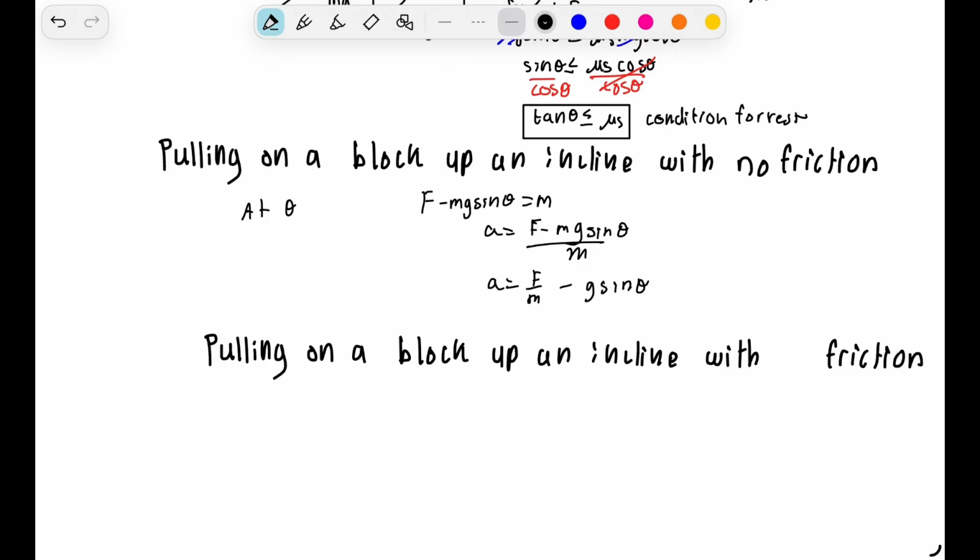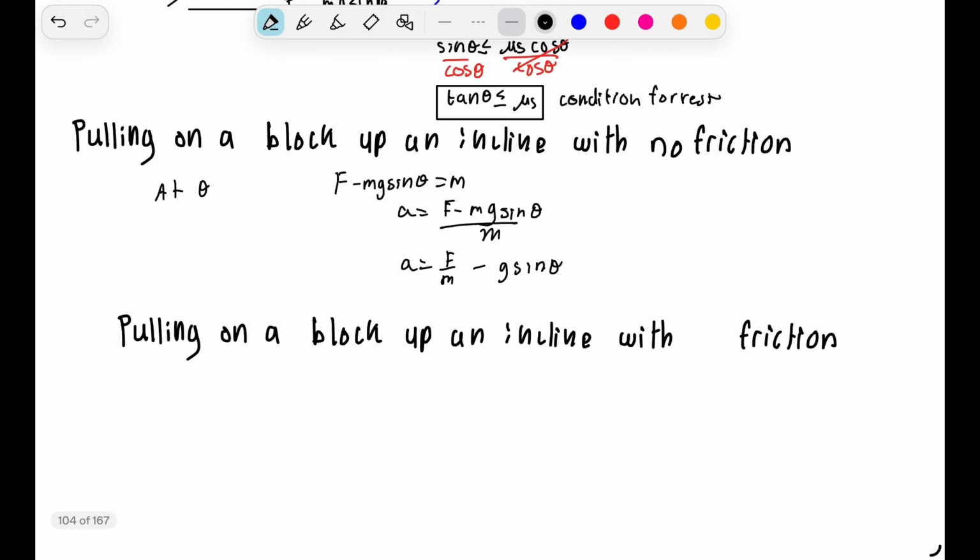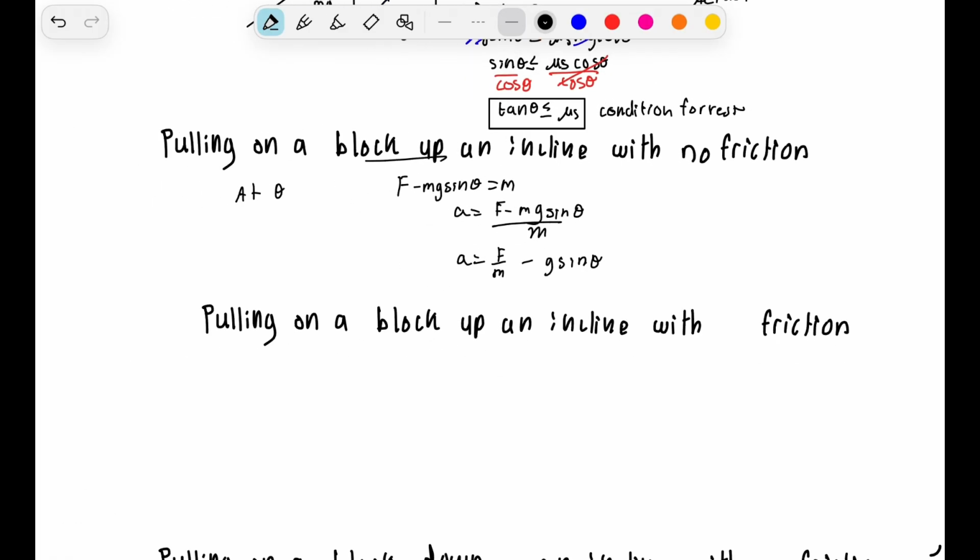So your applied force that pulls up the ramp is going to be up, and then you're going to have your gravity's parallel component that's pulling down. So this is pulling up the incline without friction.